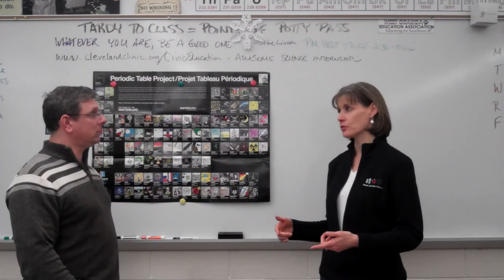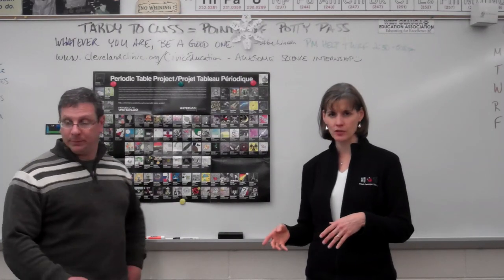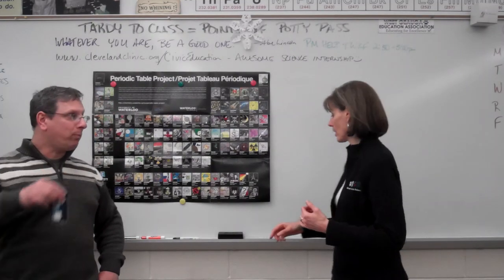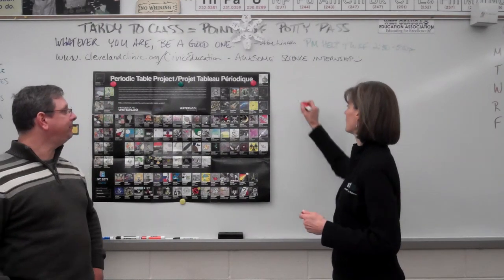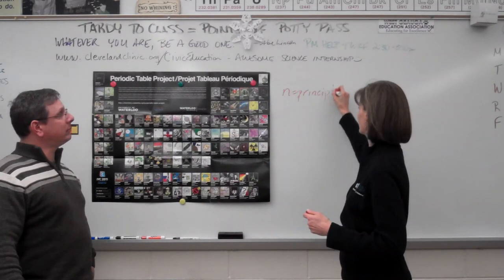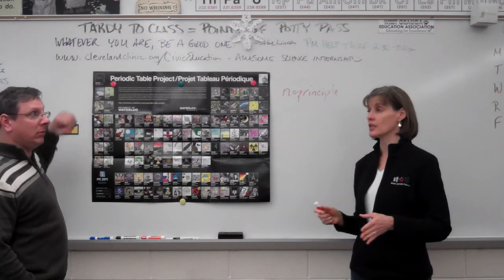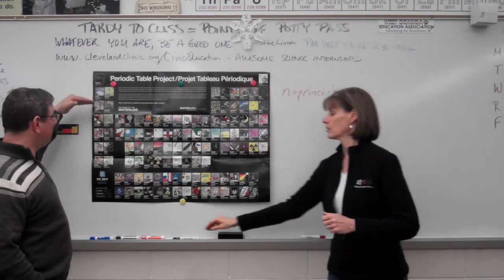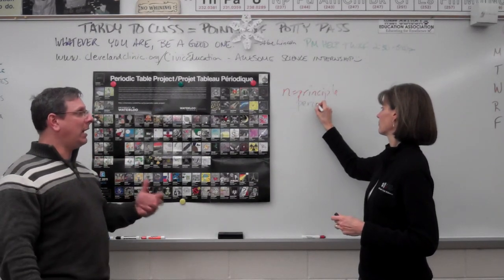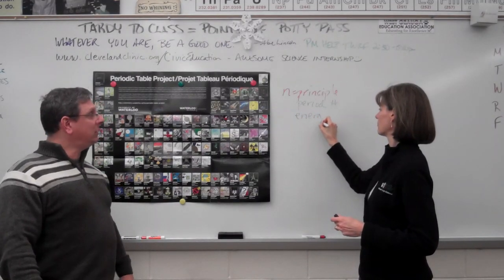I've noticed my students are having a hard time remembering that n, the principal quantum number, tells us the period number and the energy level, the outer energy level for those valence electrons.